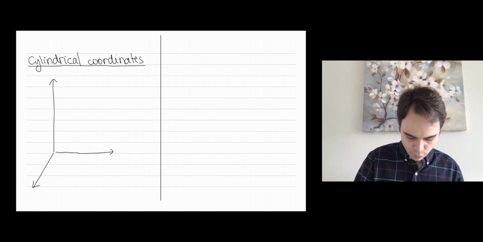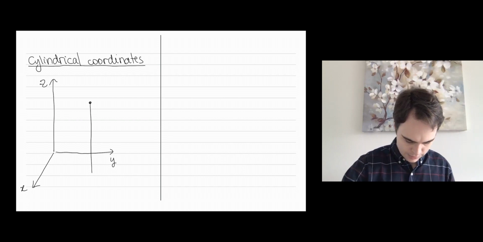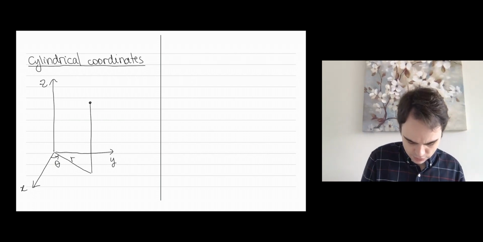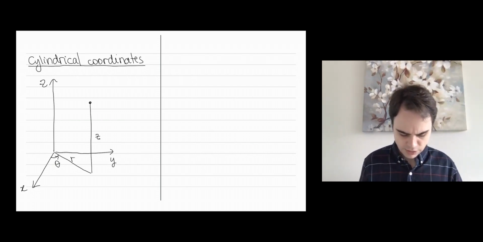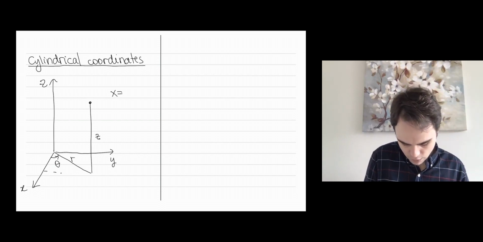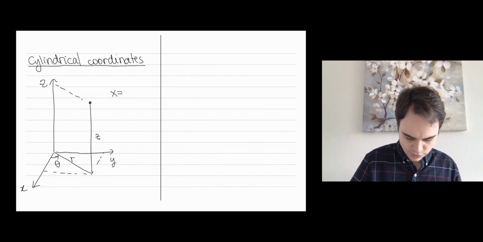Right. So if I have a point here in three-dimensional space, the coordinates of the point will be the height, the distance from the z-axis, and the angle around the z-axis. The distance from the z-axis is r, and the angle around the z-axis is theta. So x is, in this case, r times cosine theta, y is r sine theta, and z is just z.